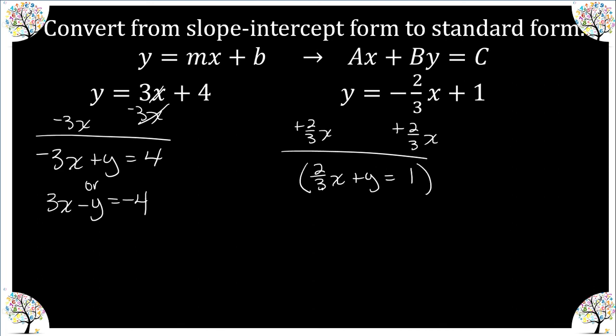So we're going to multiply through by the least common multiple of 3. So we distribute 3 to each term. When I distribute to 2/3, the 3's cancel, leaving me with 2x plus 3 times y equals 3 times 1. And now these are both integers.